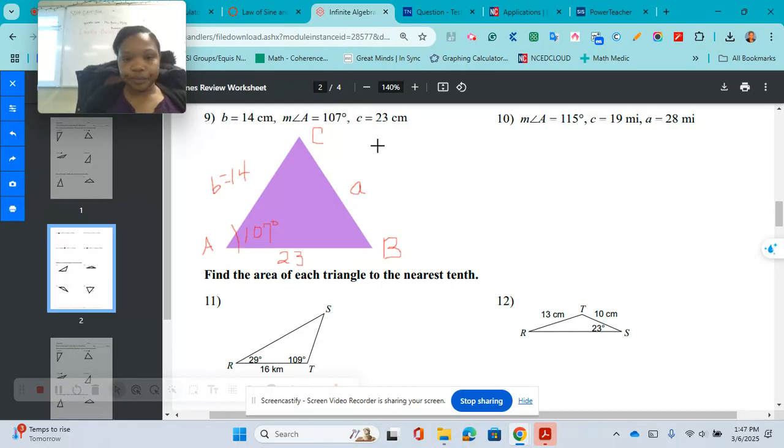All right. Okay, so one of my students gave me the formula.